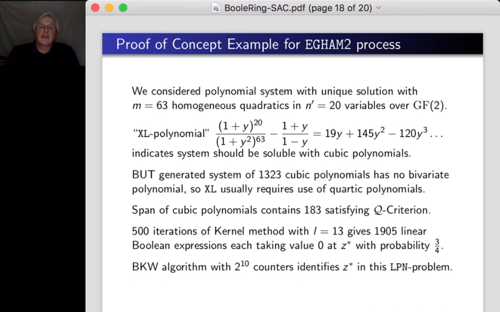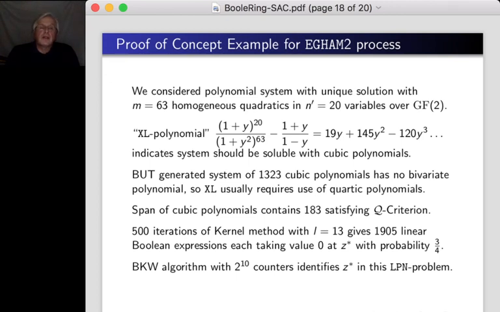If we do this, we get a generated system of 1323 cubic polynomials comprising 1260 cubic polynomials and the 63 original quadratic polynomials. But these polynomials don't have any bivariate polynomials in their span. So an XL approach would usually require the use of quartic polynomials to address this system.